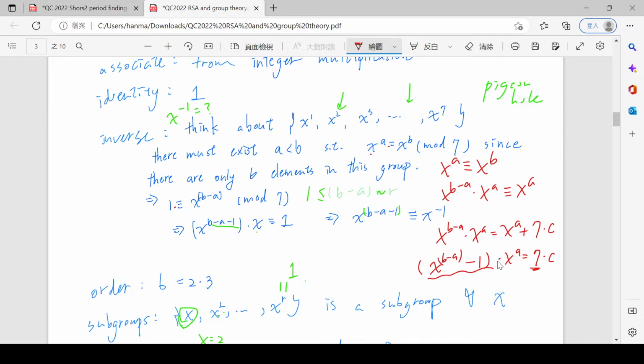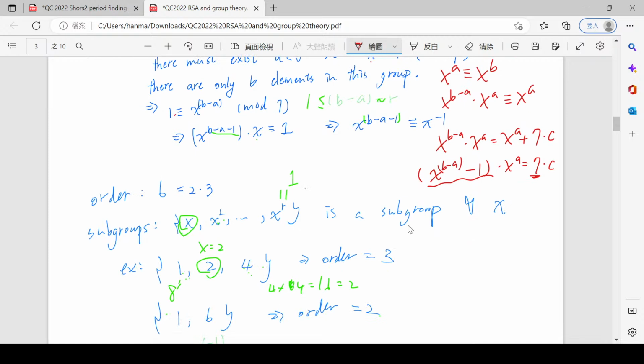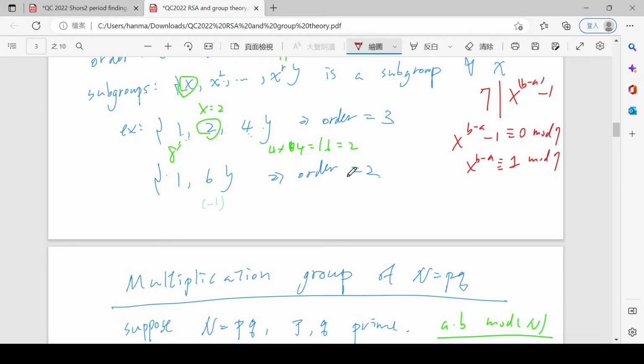In formal notation, we write 7 divides x to the b minus a minus 1. In other words, x to the b minus a minus 1 equals 0 minus 7, and then x to the b minus a equals 1 minus 7. So that's what we get here. So that's how you do things carefully.